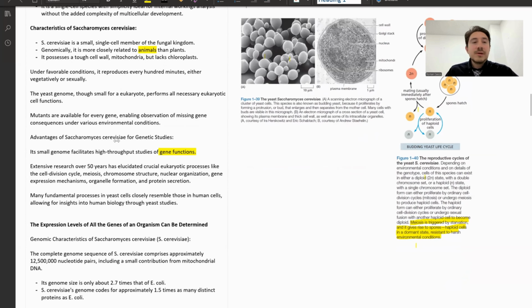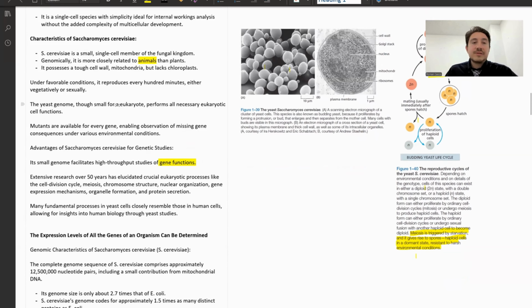Okay. So some characteristics of S. cerevisiae. I do apologize, I am aware of the italics that I should be having here. My apologies. Again, S. cerevisiae is a small single-cell member of the fungal kingdom, right? Genomically it is more closely related to animals than plants. It possesses a cell wall made out of chitin, right?